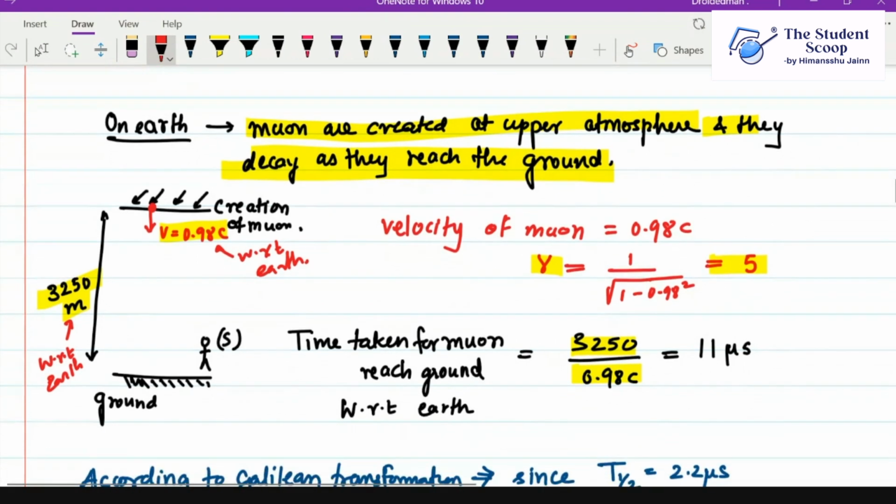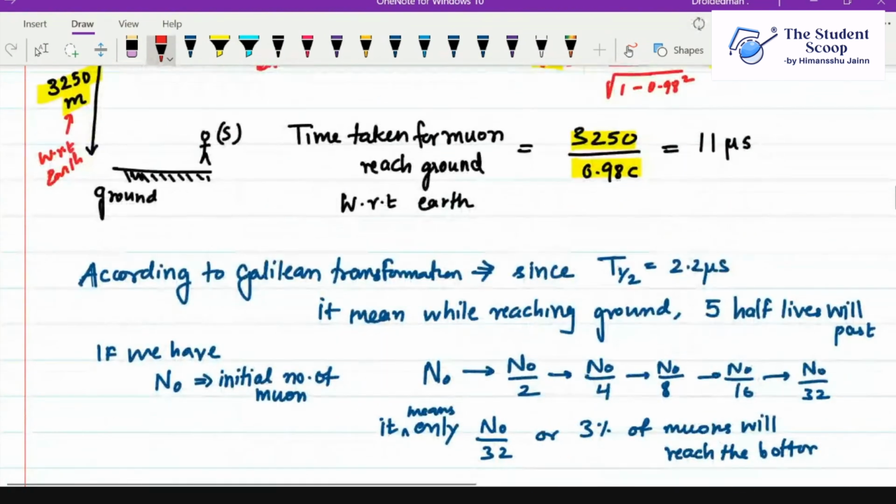But if we apply the Galilean transformation, something goes wrong. Since the half-life is 2.2 microseconds, while reaching the ground, 5 half-lives will pass for a muon coming from the upper atmosphere to the ground in 11 microseconds. 11 divided by 2.2 is 5 half-lives.